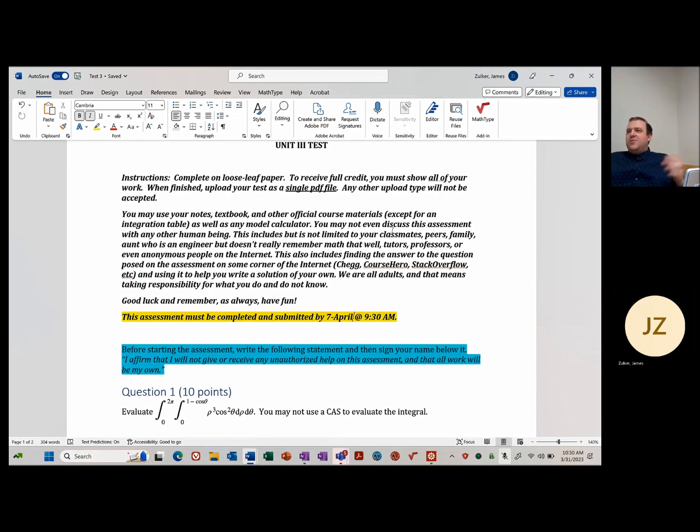You can use notes, textbook. The photos can be separate JPEGs, just again, make sure that they're clearly labeled. You may use your notes, textbook, other official course material. Oh, you're allowed to use an integration table. I guess I copied that from my Calc 2.